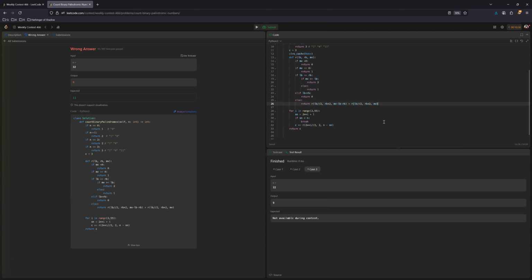Minimum value. Left bit gets smaller, right bit gets bigger.